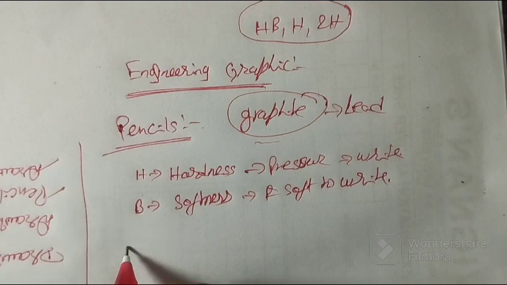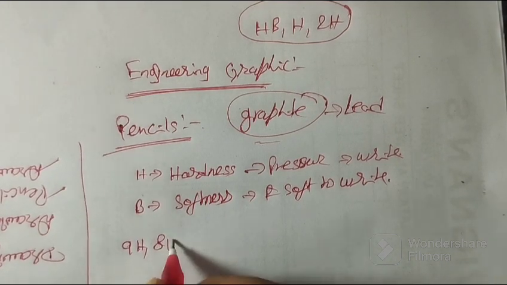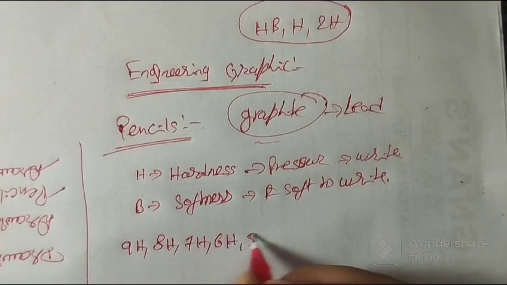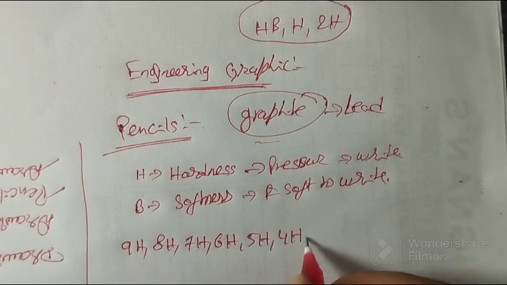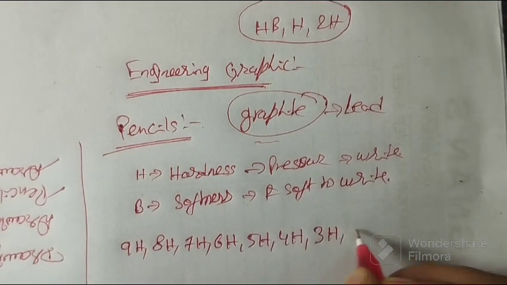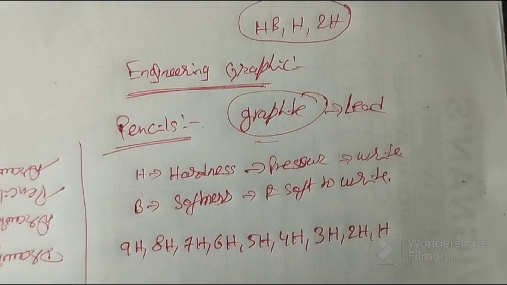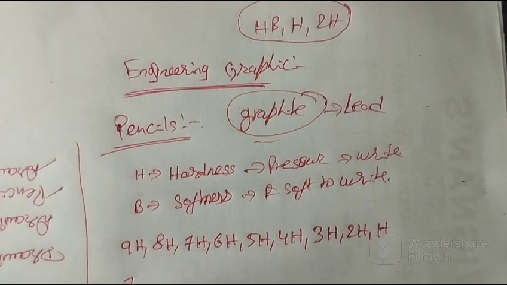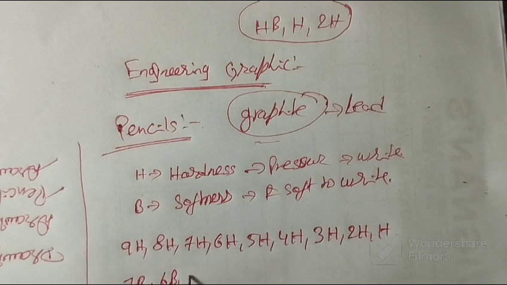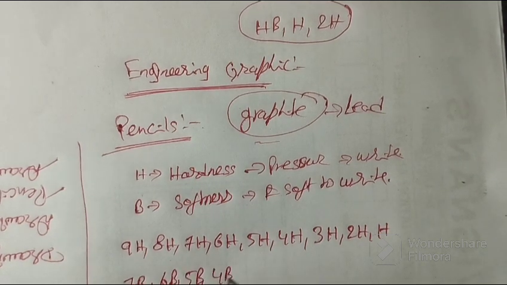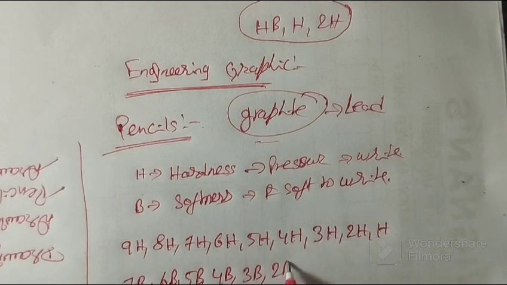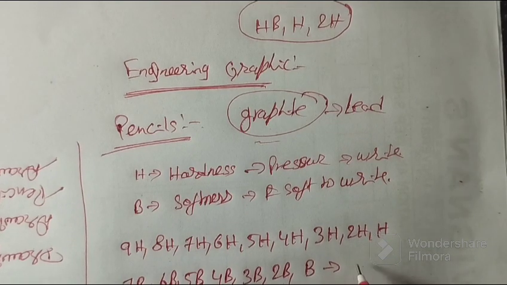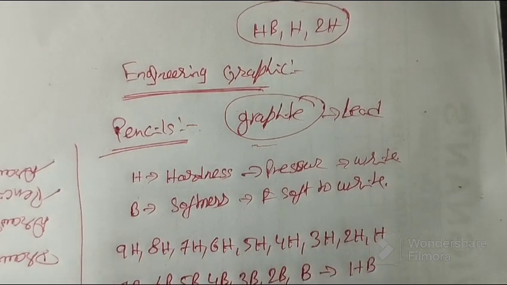It ranges from 9H, 8H, 7H, 6H, 5H, 4H, 3H, 2H and H. Now coming to softness, it ranges from 7B, 6B, 5B, 4B, 3B, 2B, B, and a combination of hardness and softness as HB.